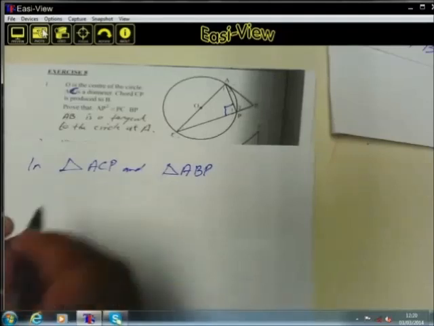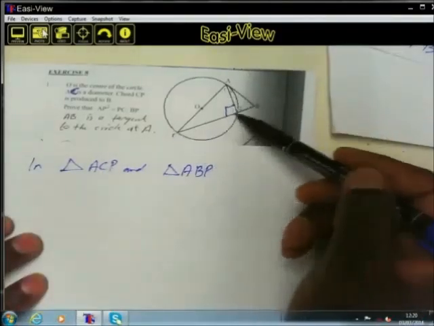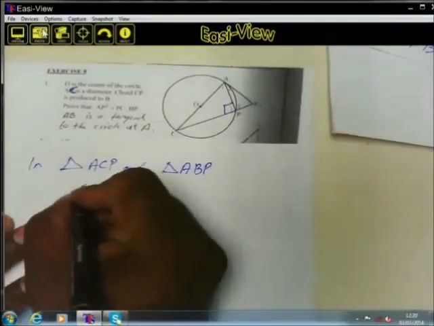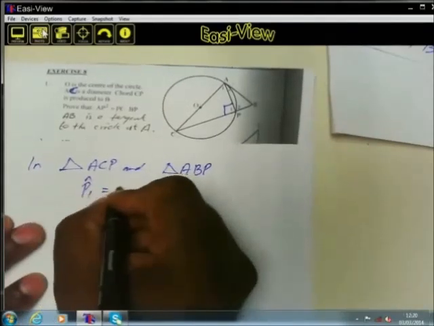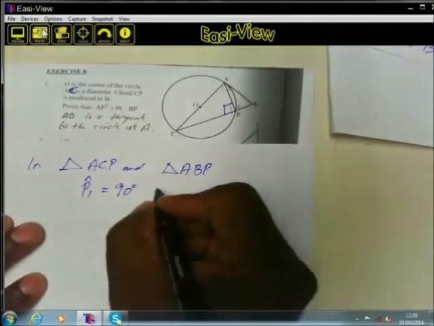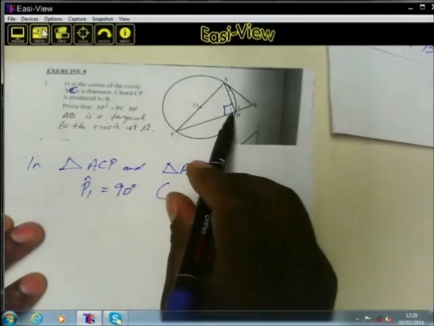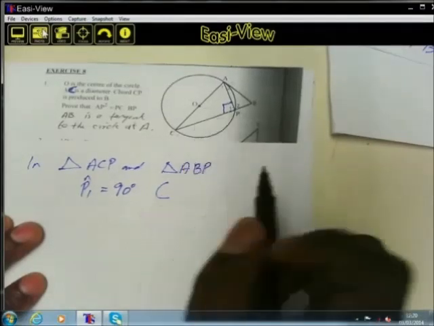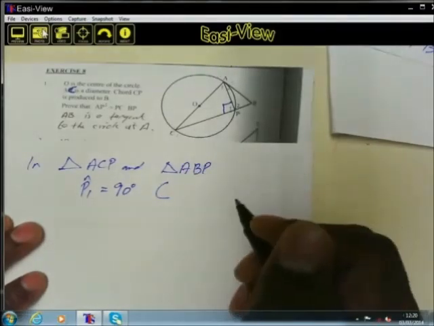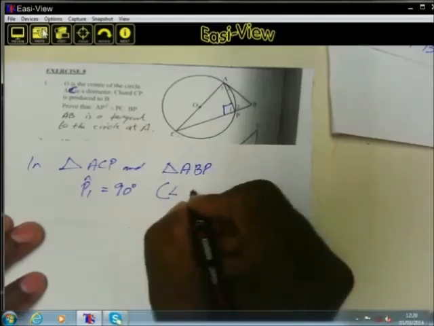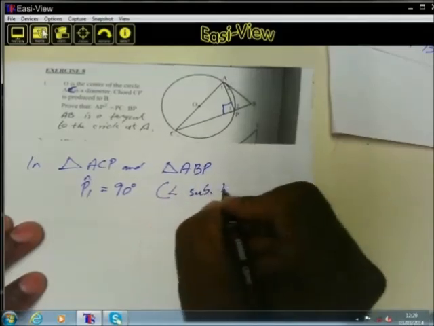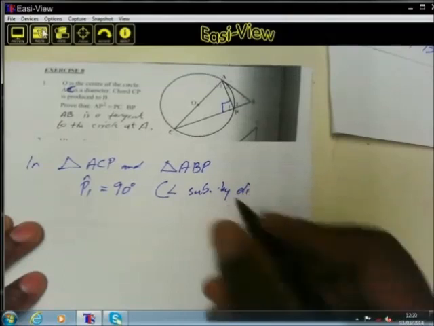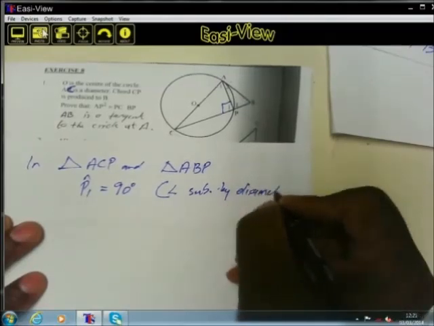Check. In triangle ACP, angle P1 is equal to 90 degrees. Why do I say angle P1 is equal to 90 degrees? Because it's an angle subtended by a diameter, or you can say an angle in a semicircle.